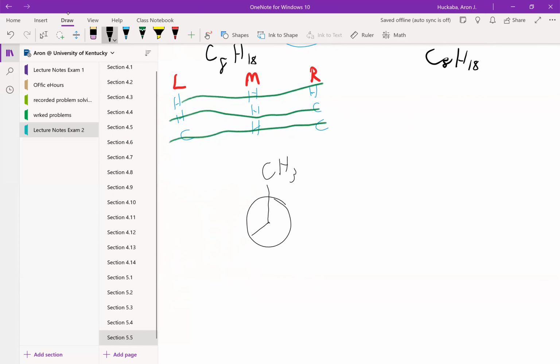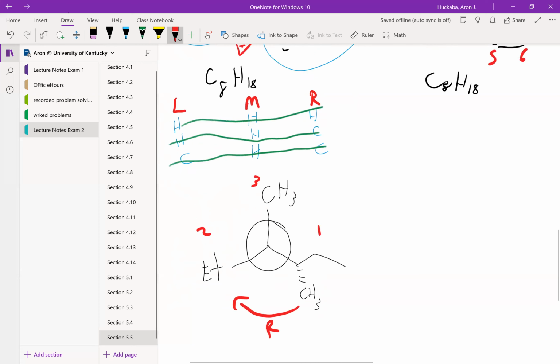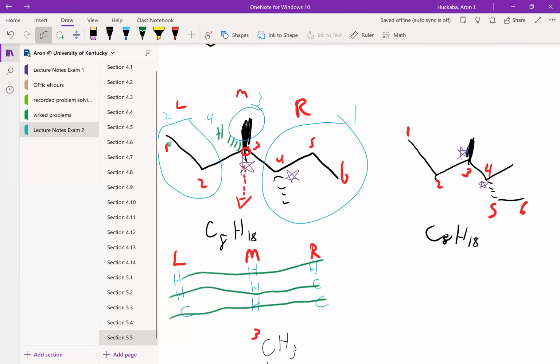To the left was ethyl, Et for ethyl, and to the right was this group here. And again, remember this was 1, 2, 3, which means we rotate this way, which is R. Okay, so we have R for the first carbon on the left. And on the other molecule, it looks like that carbon has the same configuration. So that's also R. Okay.